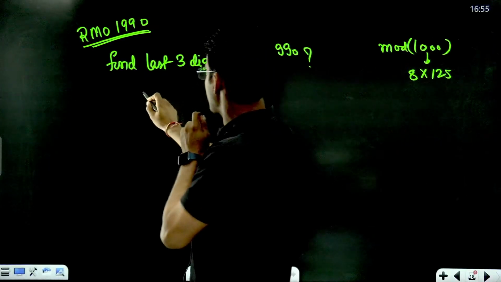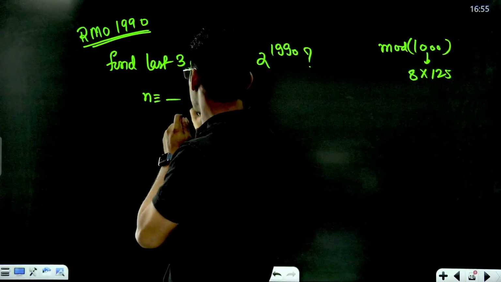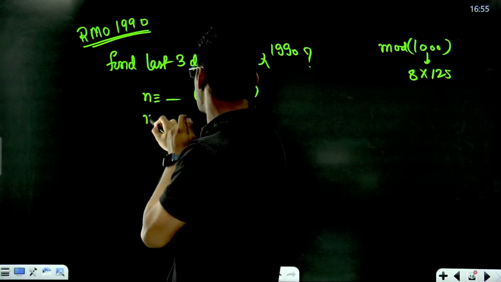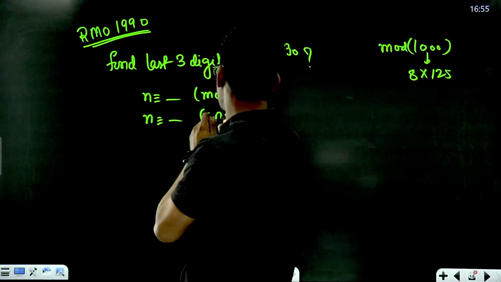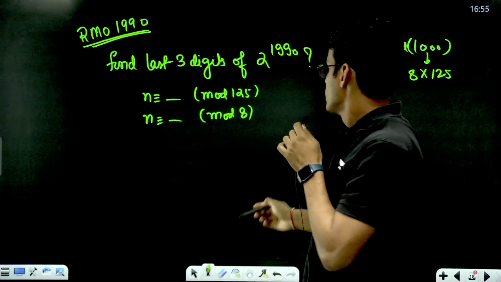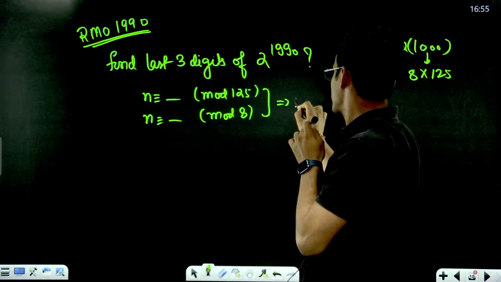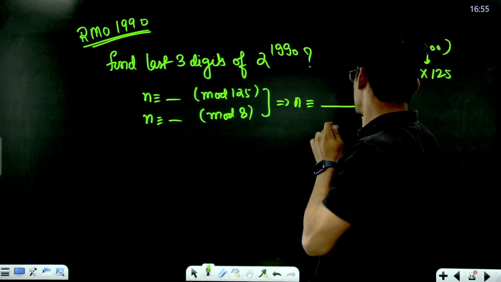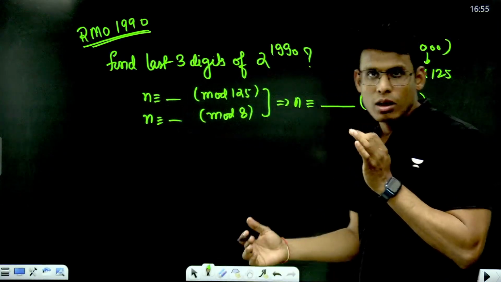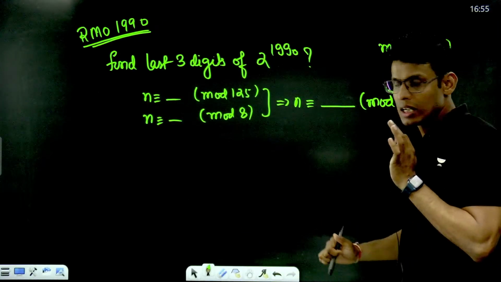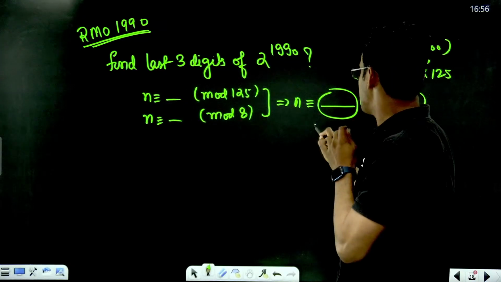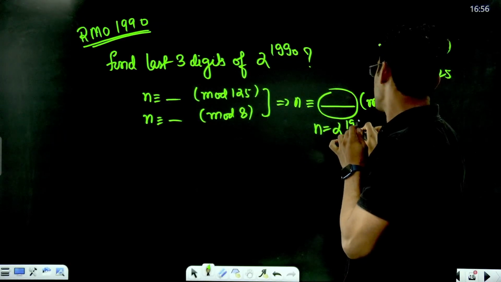So if I write n congruent to something mod 125 and n congruent to something mod 8, by CRT this will have a solution n congruent to something mod 1000. This will be my answer, the last three digits. N is 2 to the power 1990.